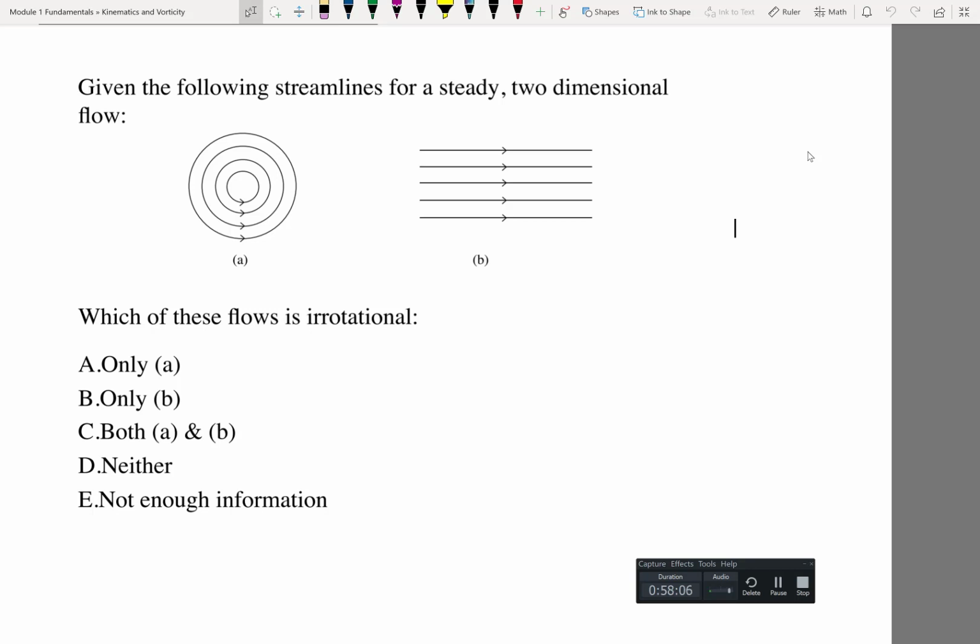But if it's the other case I've drawn in the last screen, if the velocity is higher here, slower here, even slower here, then you get a non-zero partial u, partial y, right? As you go across the streamlines by varying y, your u velocity changes. So you don't have enough information to say if this is irrotational or not.